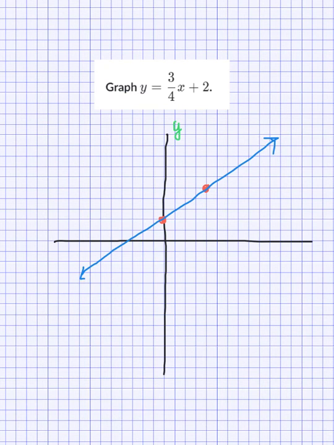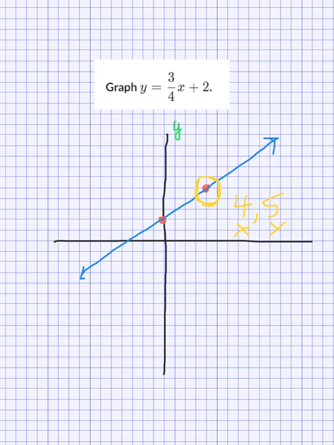So let's pick on this ordered pair right here. The coordinates of that ordered pair are, let's count, 1, 2, 3, 4, and 1, 2, 3, 4, 5. So the ordered pair is 4, 5. This is my x value, and this is my y value.